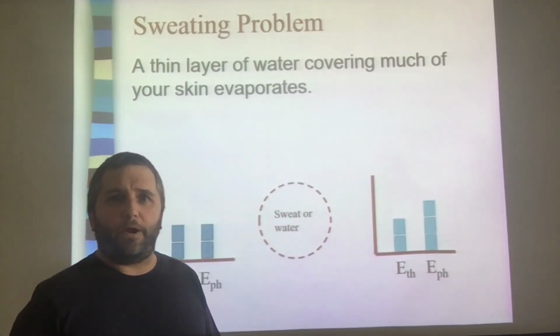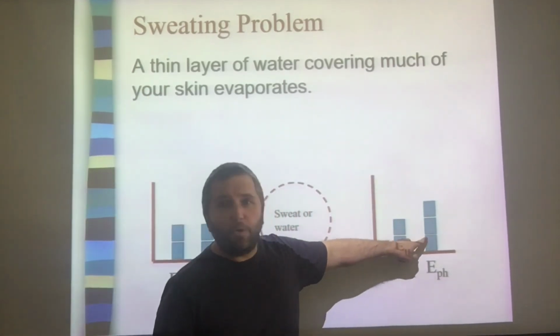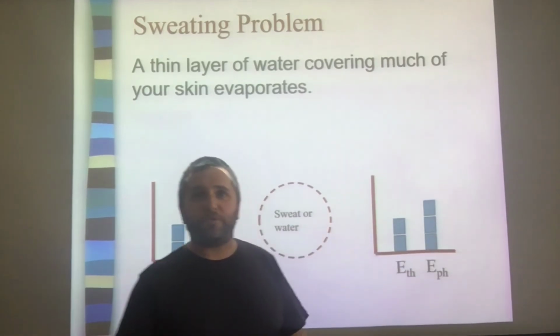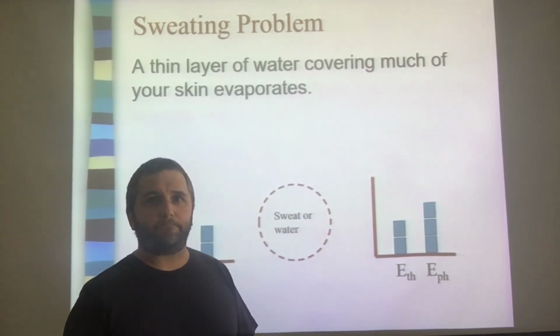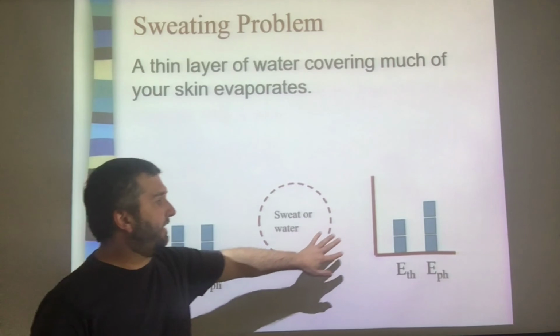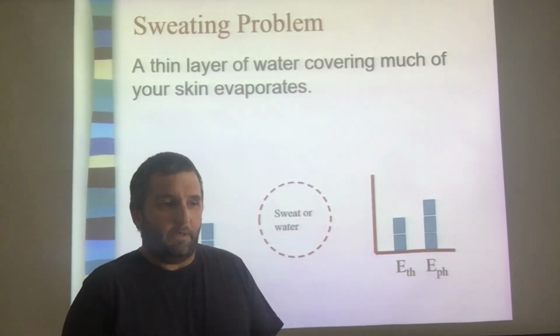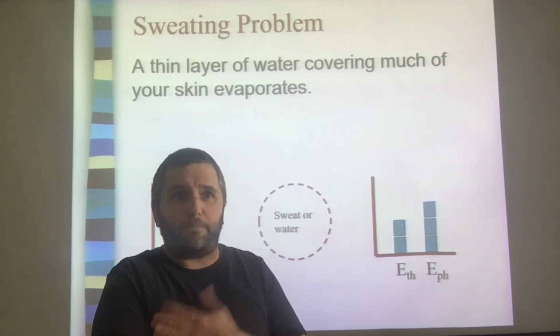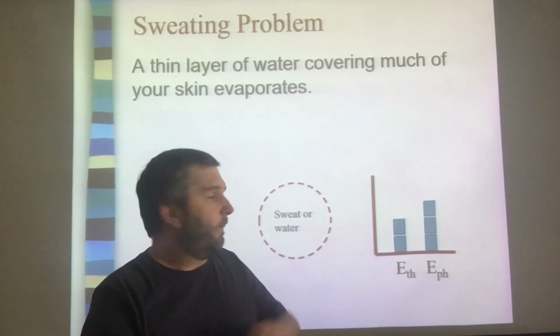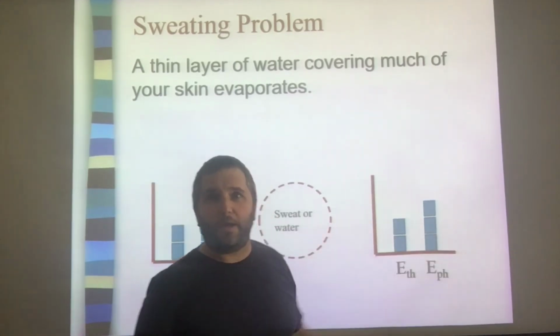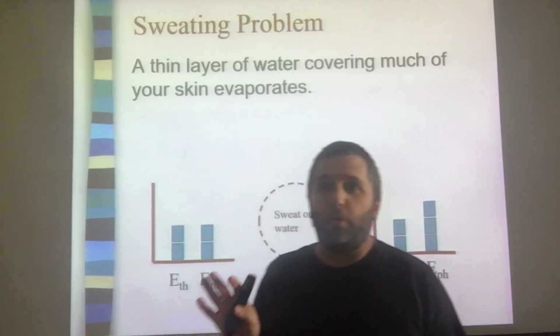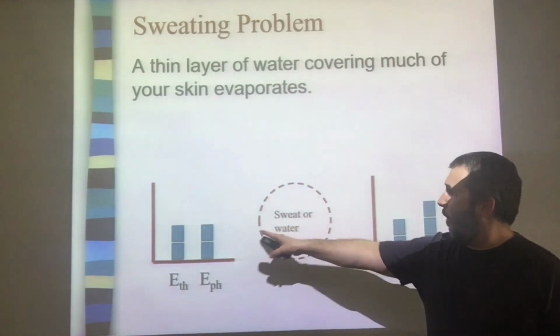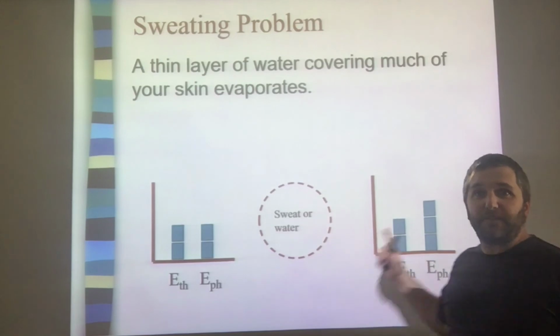As it evaporates, going into a gas, I have to represent 3 bars there. Now I'm choosing to say that the temperature isn't changing much. The liquid, if it's sweat in particular, is the same temperature as my body, but it is turning into a gas. So the next question is, where did it get this extra energy?